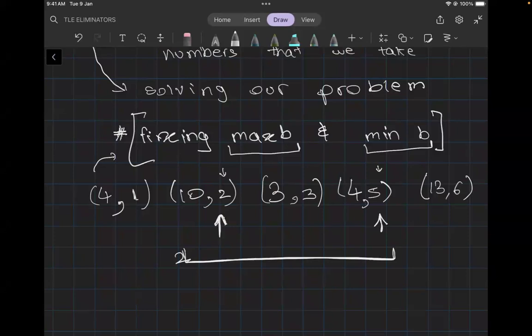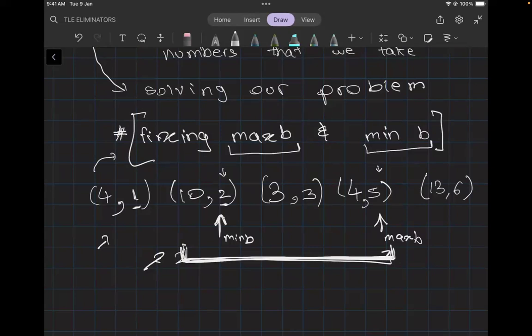For now, I'm telling 2 will be my min B and 5 will be my max B. Then the elements that I can pick up is in this range only. I cannot take 4, 1 because my min B has to be 2 and here min B is 1, which is not in that range, right?